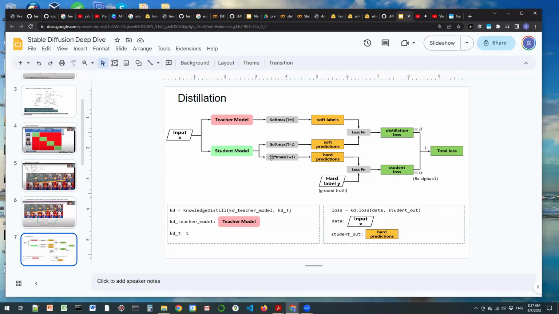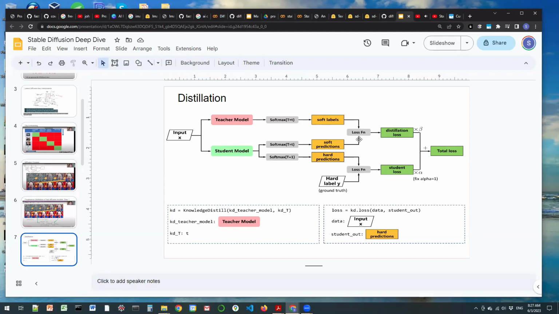Then the actual predictions of the student model are also compared to the ground truth labels, which we know, and the difference between the ground truth and the predictions that the student model gives for the input is also compared, and that loss is used as a student loss multiplied by alpha. We combine these, that total loss, and train this, and after we have optimized this structure, we get out a student model which is much smaller, much more computationally efficient, and almost as good as the teacher model. So that's, if you will, a 2-second explanation.